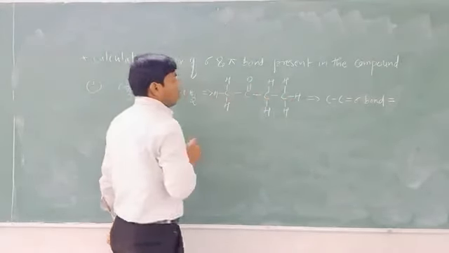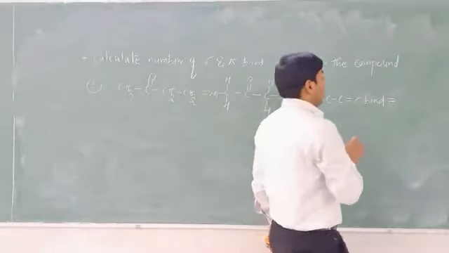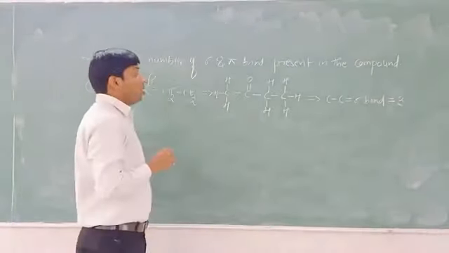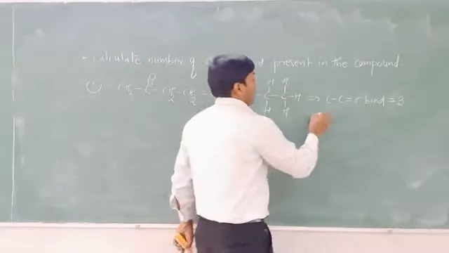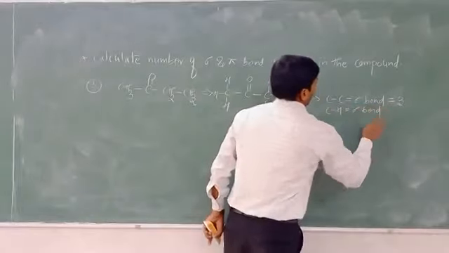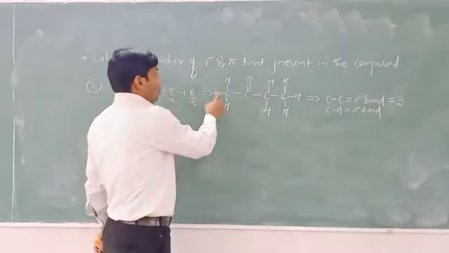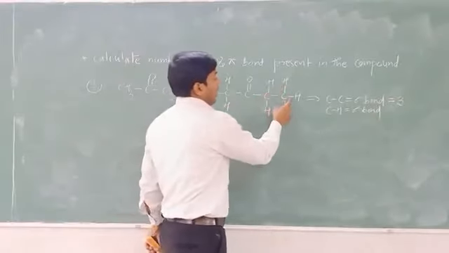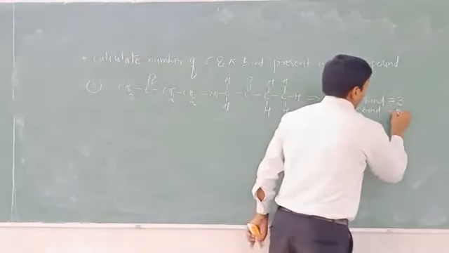The total number of carbon-carbon sigma bonds is 3. How many carbon-hydrogen sigma bonds are there? 1, 2, 3, 4, 5, 6, 7, 8. A total of 8 are there.